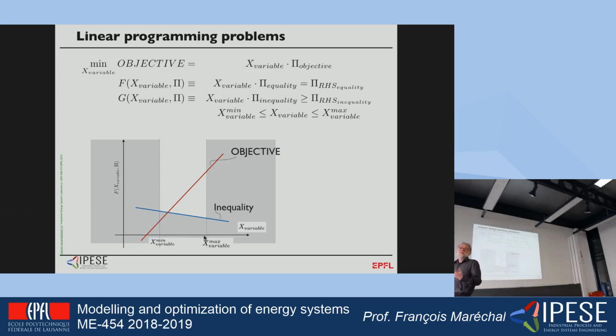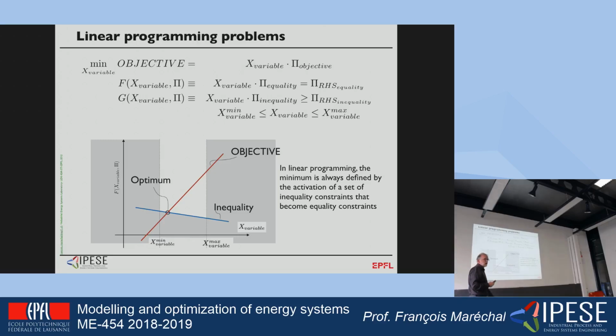Okay? And only in this case, if I have the inequality constraints, will I be able to find the optimum. And there is no curvature, there is no place where the derivative is equal to 0, because the derivative is a constant. So what does it mean?